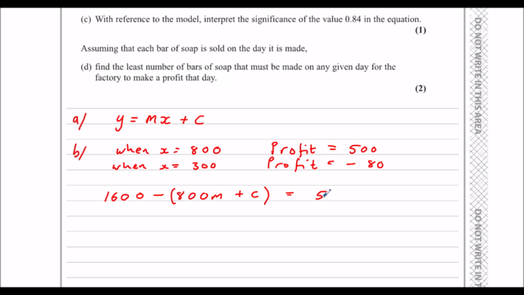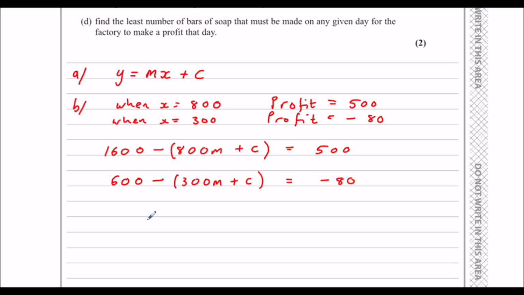It's a profit of 500. And when they sell 300, that gets them 300 times 2, so £600. It costs 300M plus C to make. So that's the cost of production, and that is negative 80. So we can use these two equations. They're simultaneous equations. If we solve them, we will find M and C, which is what we want.